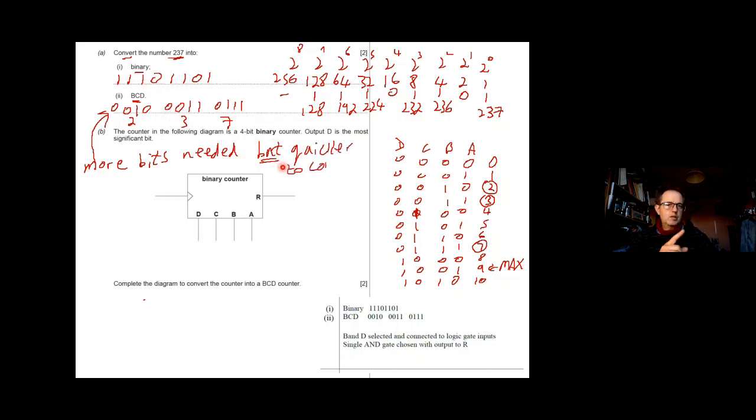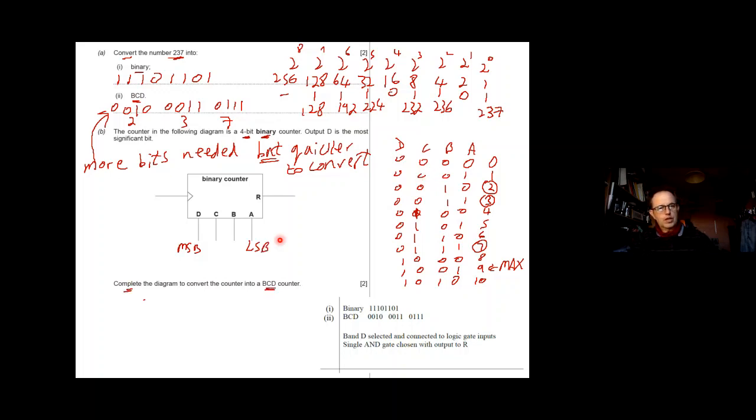But it is much quicker to convert a number into BCD. Once you've got all this written down, I could give you any number now straight away. We're just using my little chart there to write down. Very handy. So you've got a binary coded decimal number.